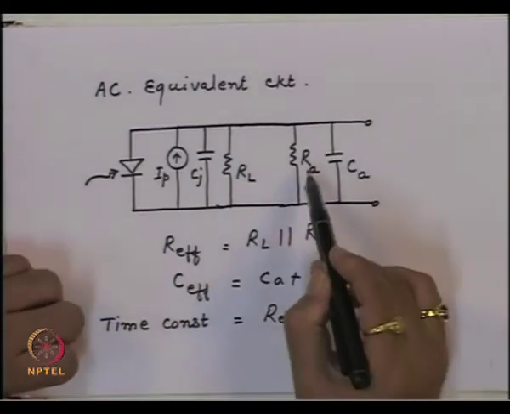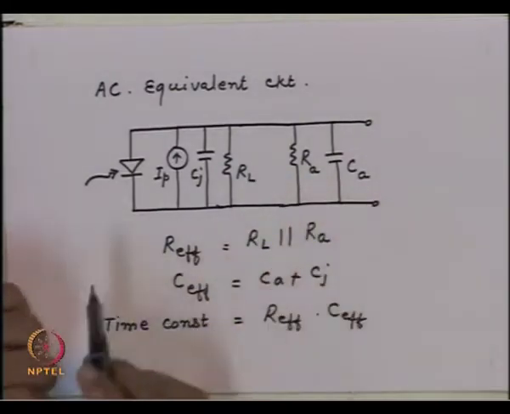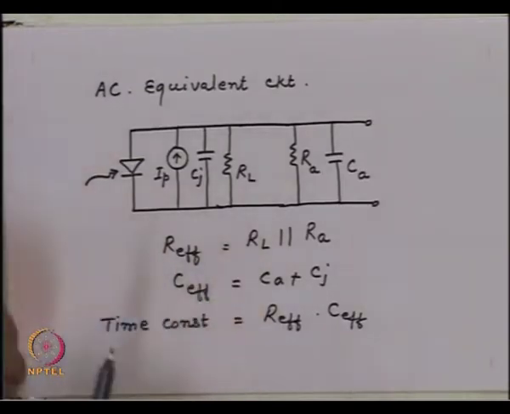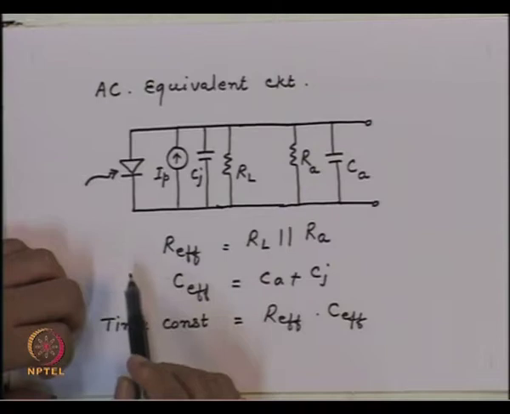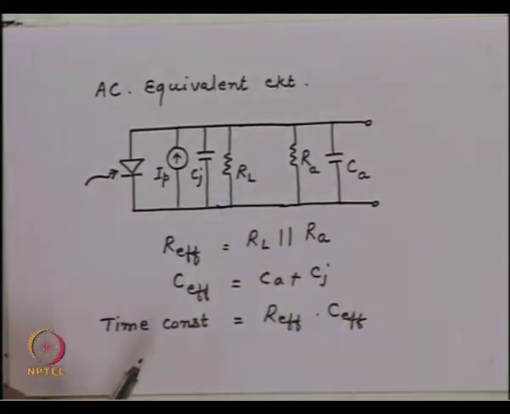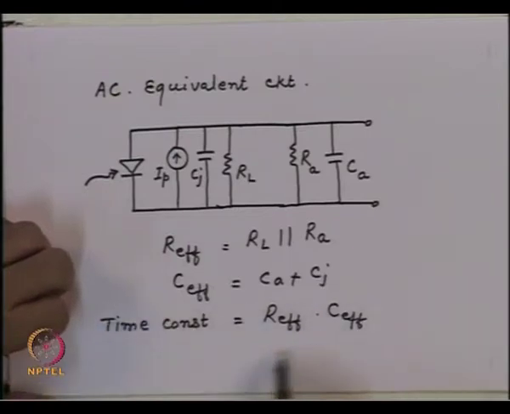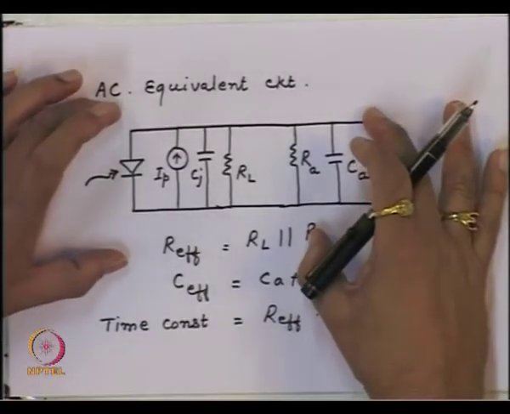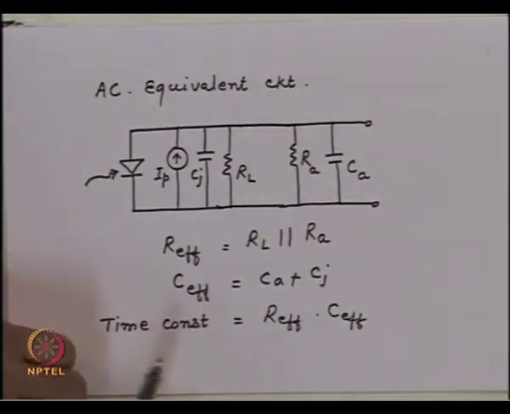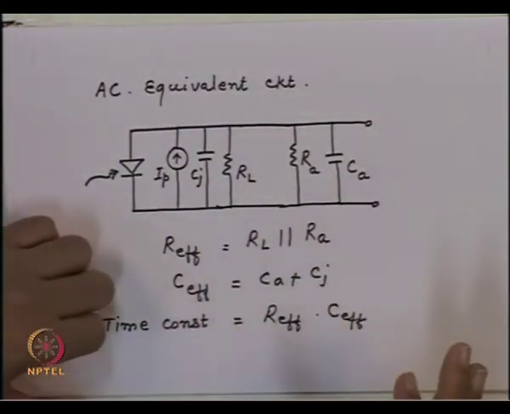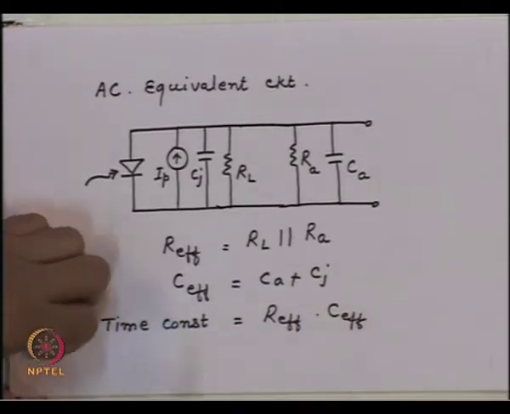Now since RA and RL are reasonably large, as they correspond to the input impedances either for the amplifier or the load resistance, the time constant for this circuit is reasonably large. As a result, the response of this circuit is a low frequency response, or in other words, the high frequency response for this circuit is rather poor.